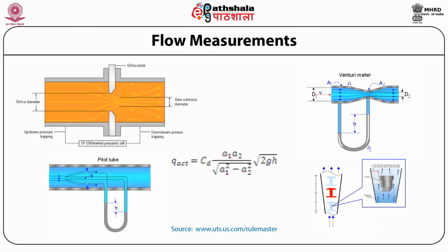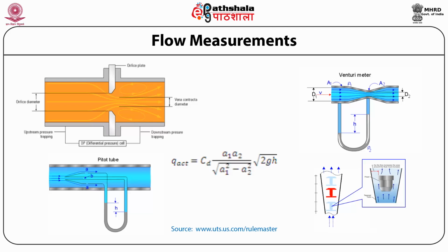Coming to rotameter, rotameter is also called a variable area meter because the area is changing at different sections. A fluid is allowed to pass through a tapered tube whose constriction is constant. As the fluid moves downward, the area of flow decreases.